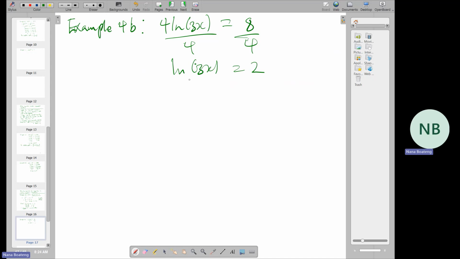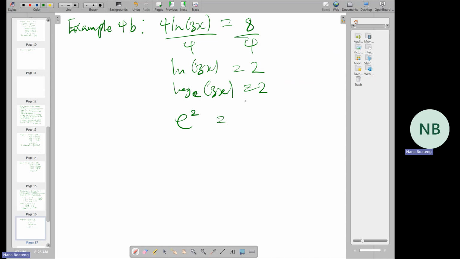And remember, natural log means log to the base e, right? So this is equivalent to log to the base e of 3x is equal to 2.